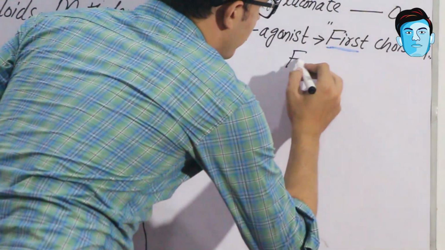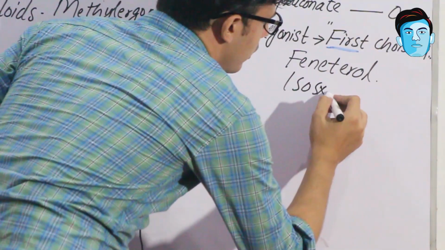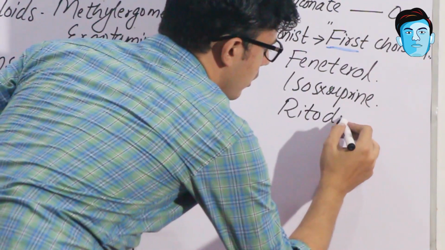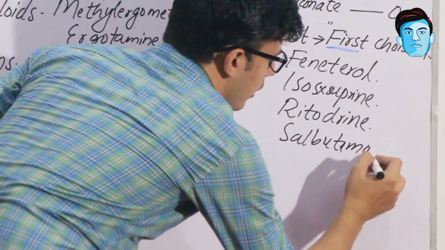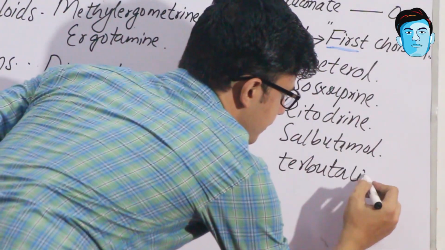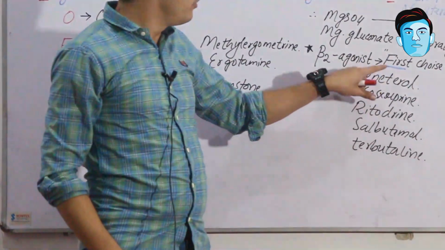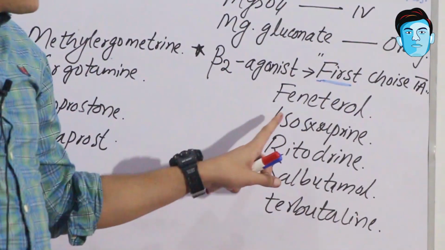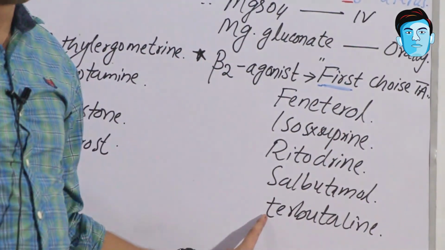F stands for fenoterol, I stands for isoxsuprine, R stands for ritodrine, S stands for salbutamol, and T stands for terbutaline. So the beta 2 agonists contain these drugs, and the mnemonic is FIRST.